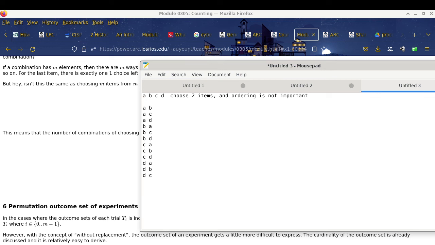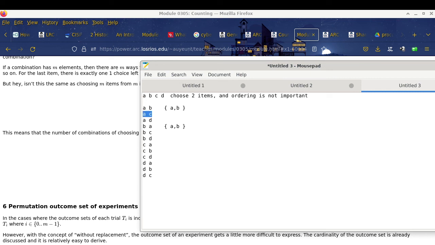Now if I don't care about ordering, how do you figure out the number of ways to choose 2 out of 4? Look at these 2: this is the set AB, and so is this. These 2 are the same, so I overcounted by 1.